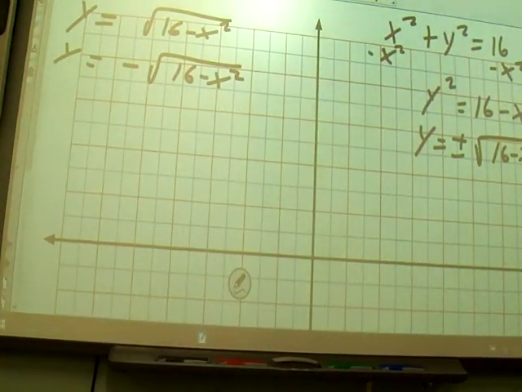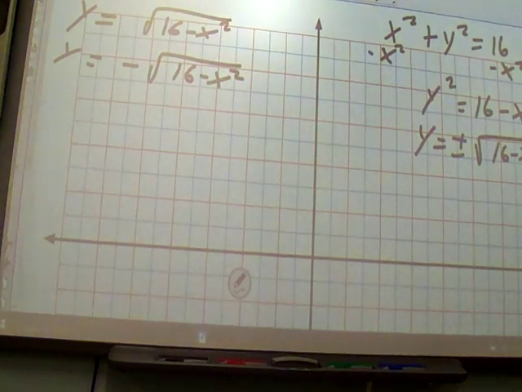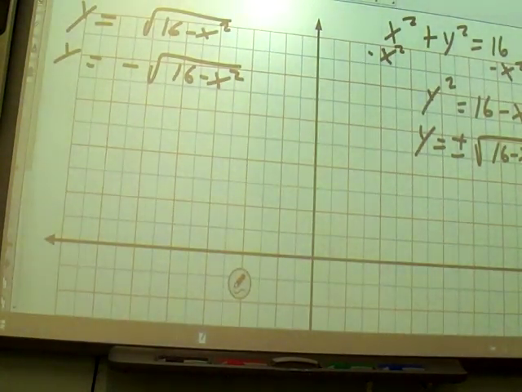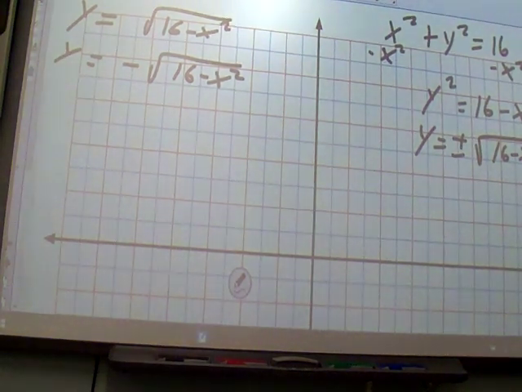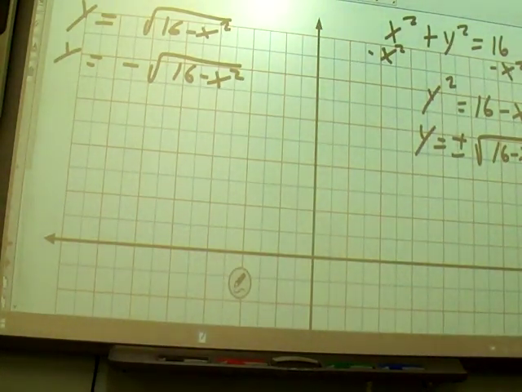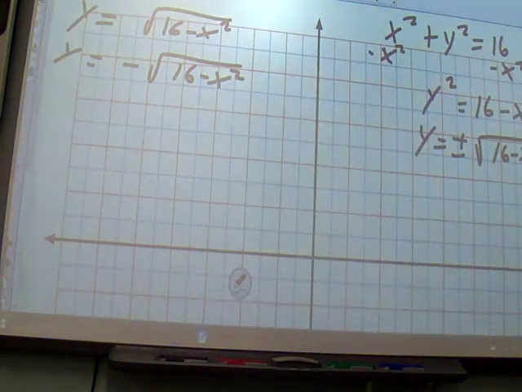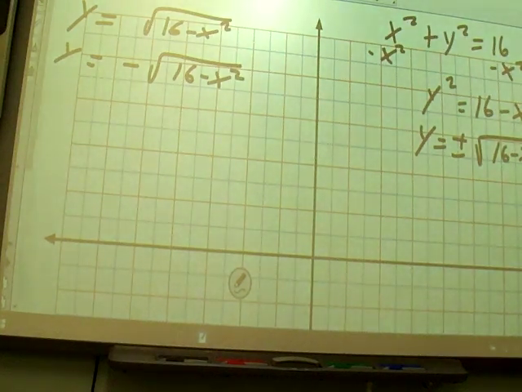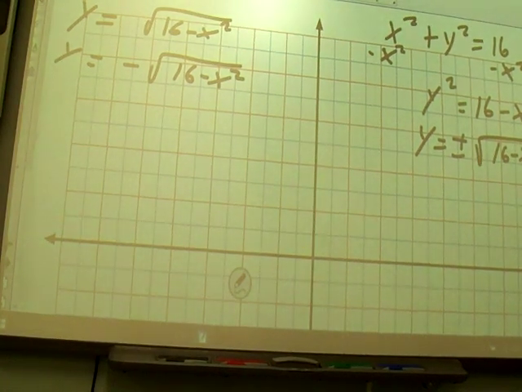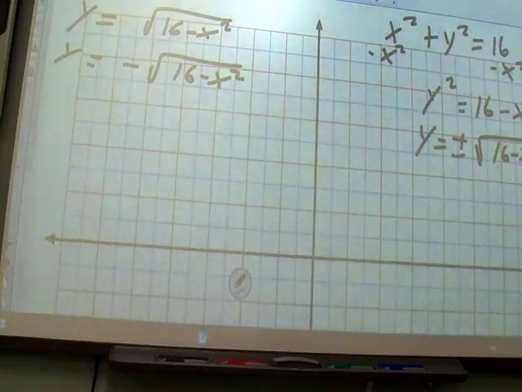Looks like an egg. Yeah, our calculators are not high def for 2020 or whatever those numbers are. It's kind of choppy and distorted.